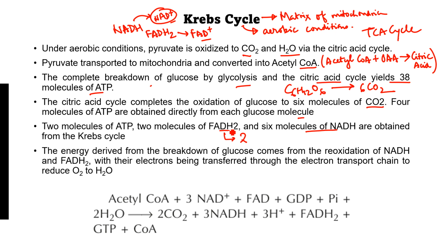Two. Yes, two. Since 2 molecules of FADH2 are produced, we will get 2 into 2, 4 ATP, right? And there are 6 molecules of NADH generated. 1 molecule of NADH gives 3 molecules of ATP, so 6 molecules will give me 18 ATP molecules. Okay, so 18 plus 4 plus 2. So how many ATP did you get? 18 plus 6.